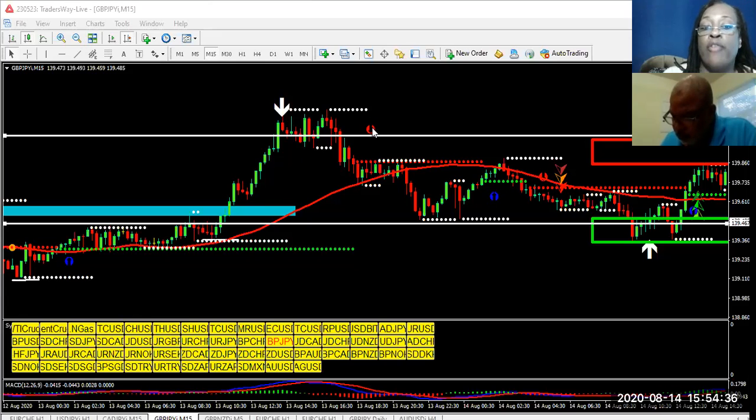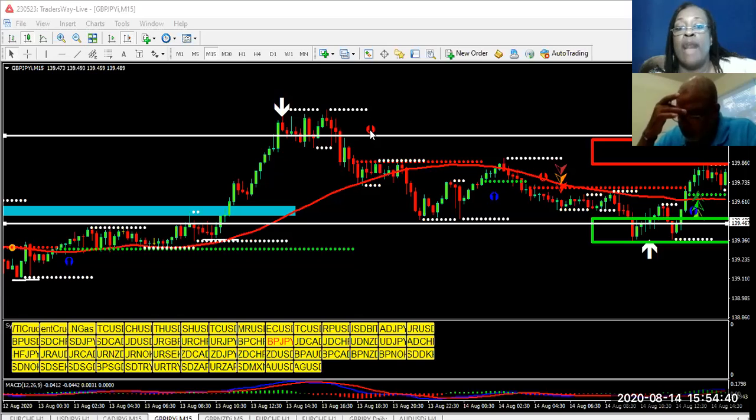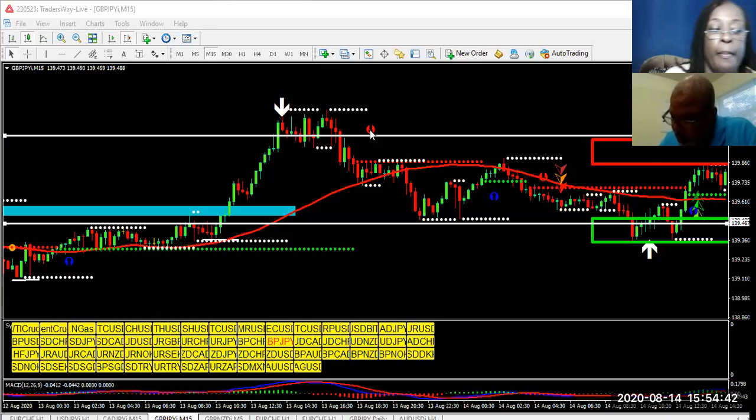Your entry arrow is the arrow, but within the entry arrow, the setting of the entry arrow is 12. So the 50 simple moving average, we can make that 50.